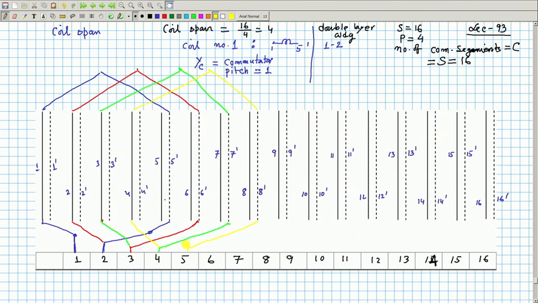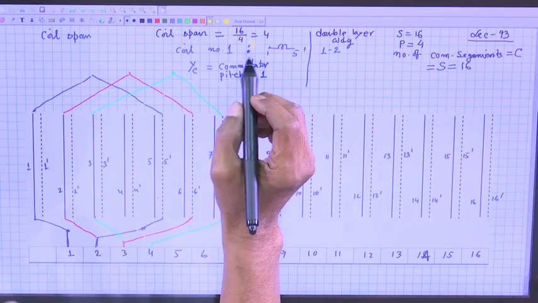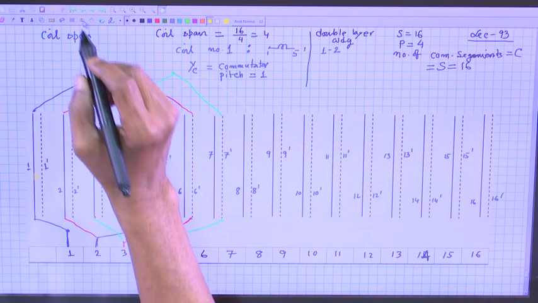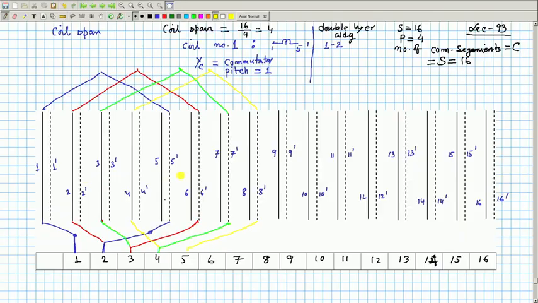You will find the winding diagram will be completed. So, with this in mind, I have to calculate what is the coil span. Coil span is this length, mind you. Take any coil, say coil number 1, this is the coil span. And what is this?